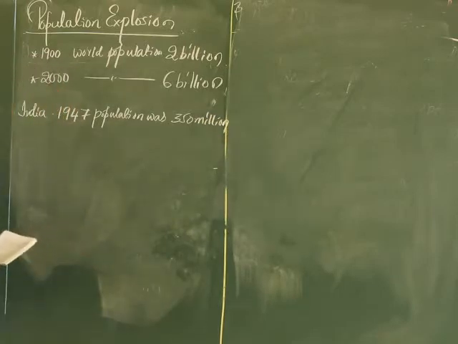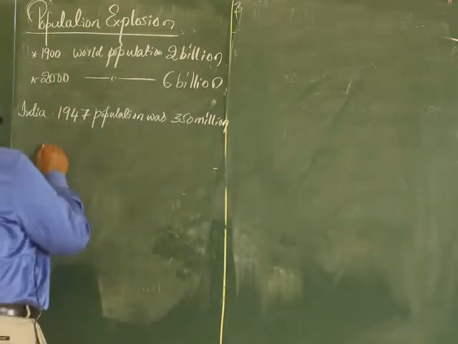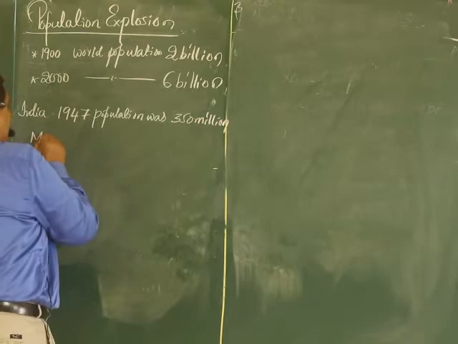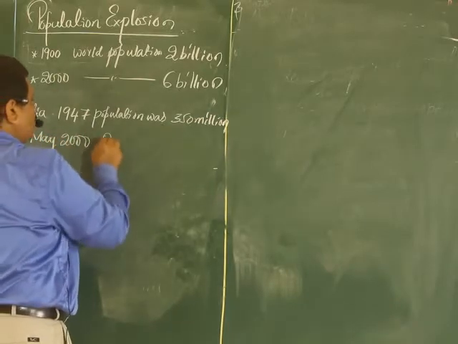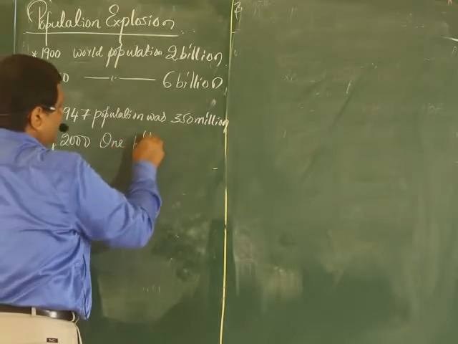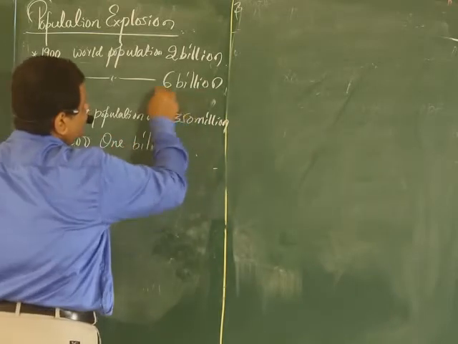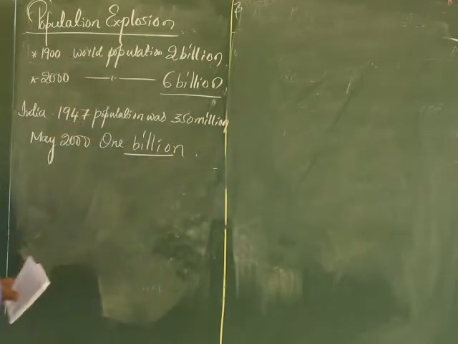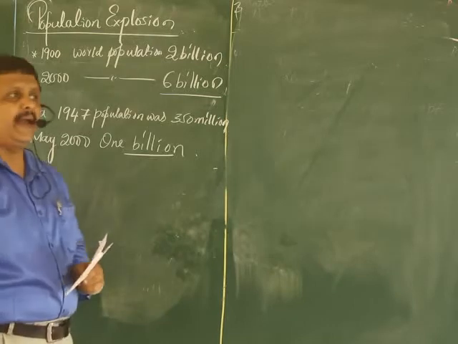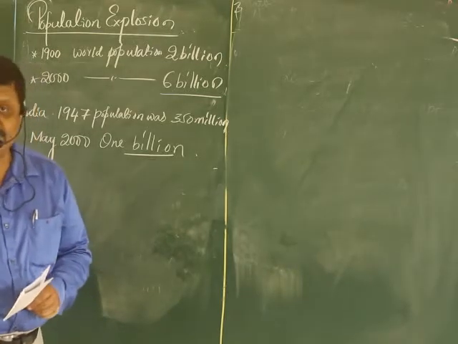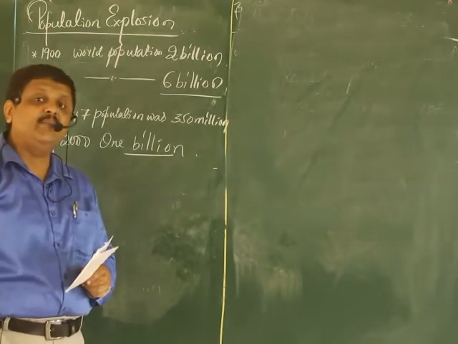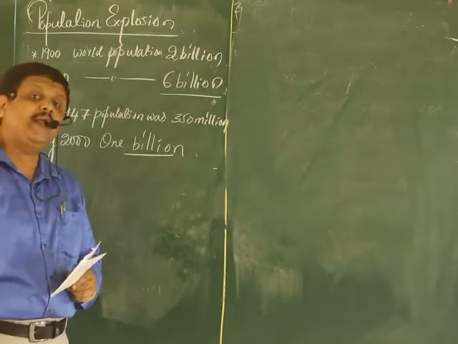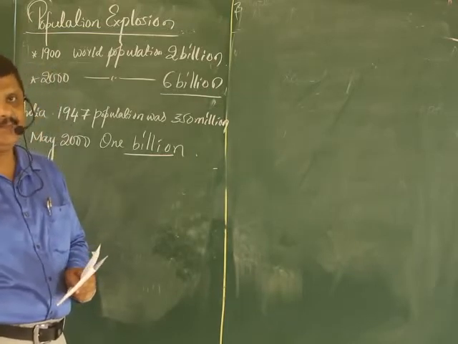And in May 2000, it increased to 1 billion. See, out of 6 billion, 1 billion is from India. Every year in India, the number of childbirths is equal to the total population of Australia.